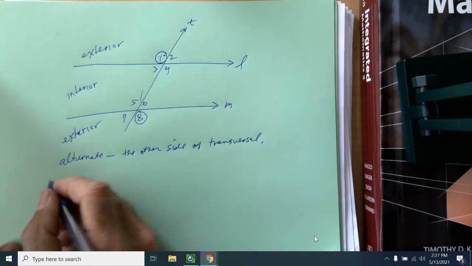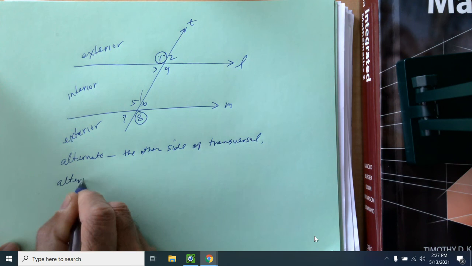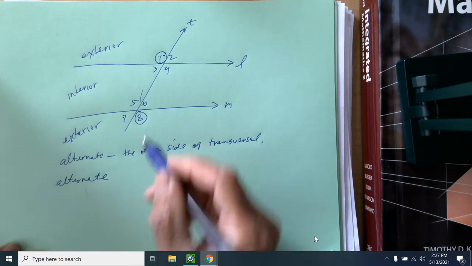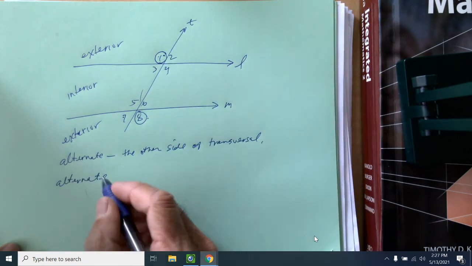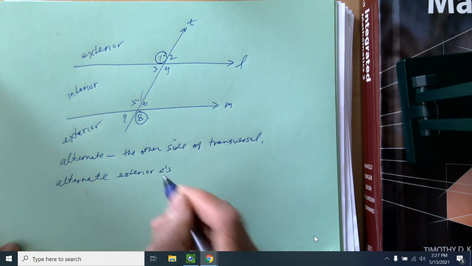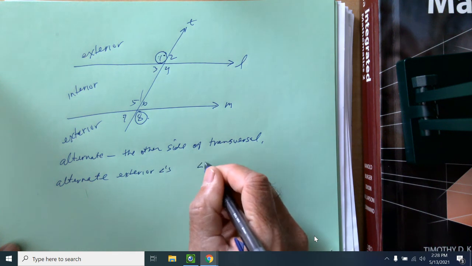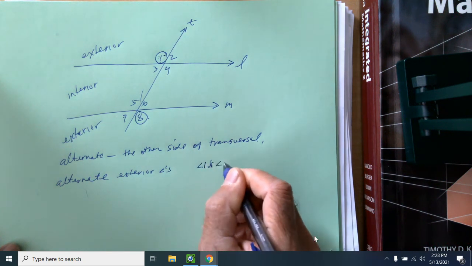So if we look at angle 1 and angle 8, those are alternate. They're exterior angles. They're alternate exterior angles. And that would be angle 1 and angle 8.